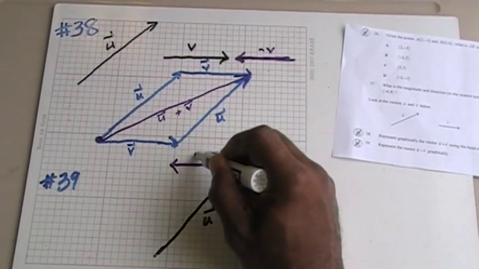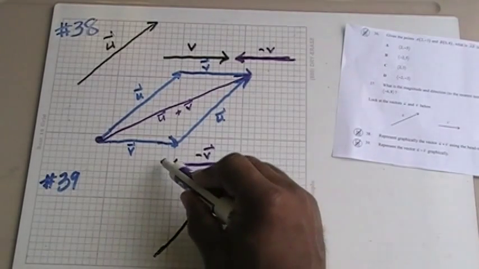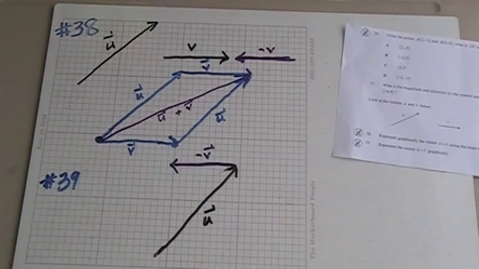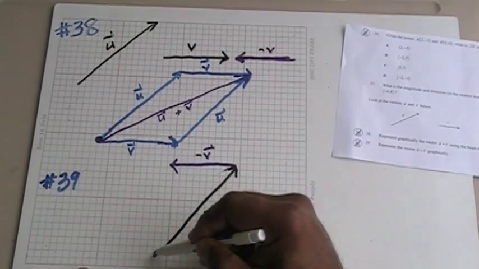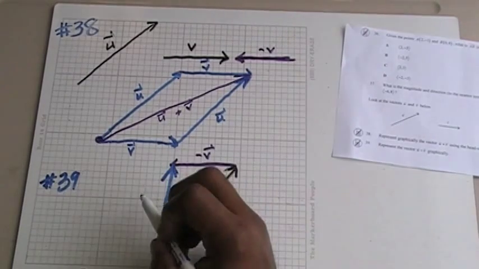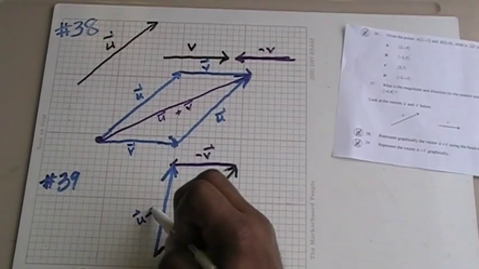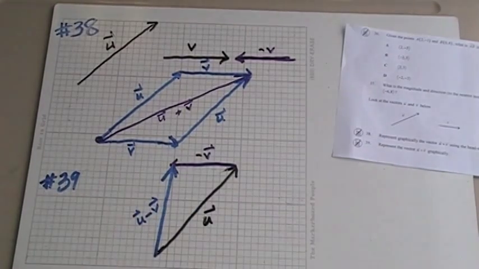That looks like about a negative v vector. So I start here, going u minus v, and the resulting vector is that, and that's vector u minus vector v. All right, we're done.